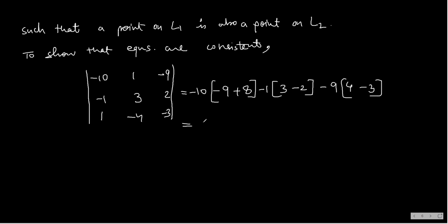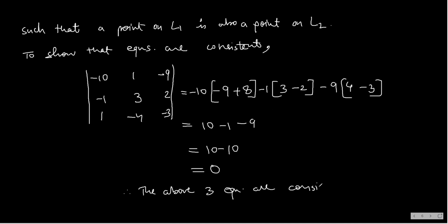So here you have 10 minus 10, which equals 0. Therefore the above three equations are consistent. Therefore L1 and L2 intersect each other.